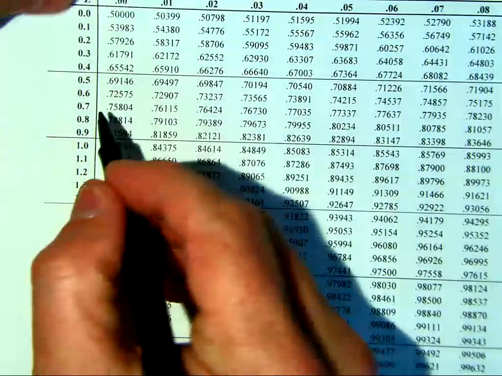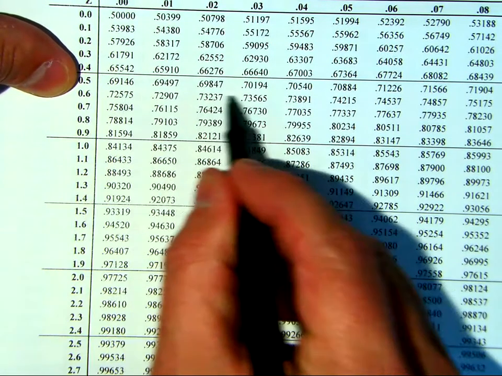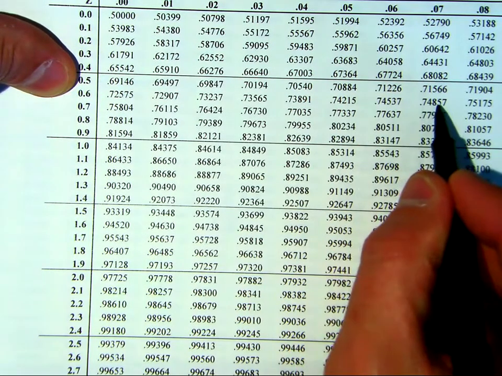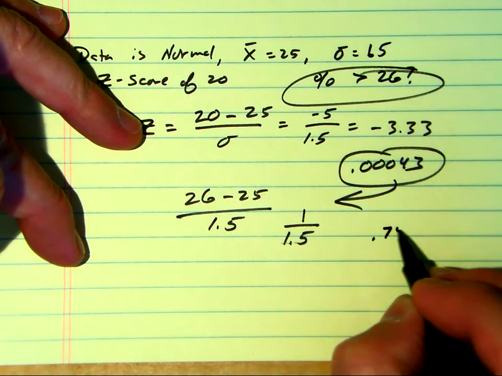Where's our 0.67 positive? Right there, 0.74857.